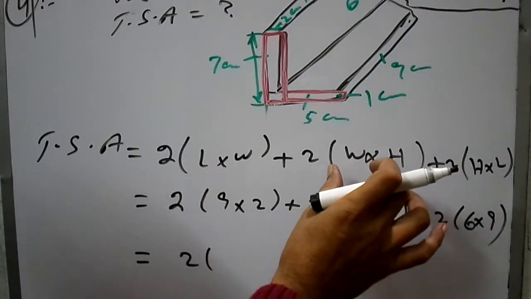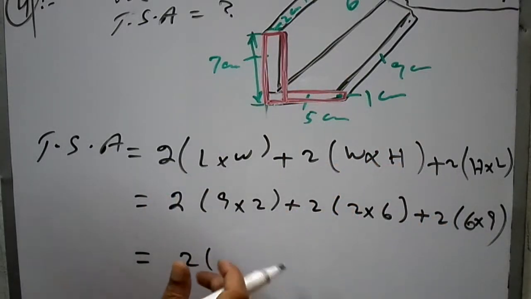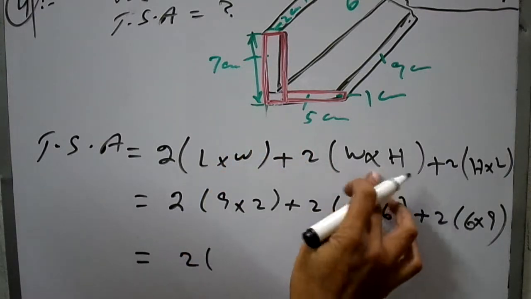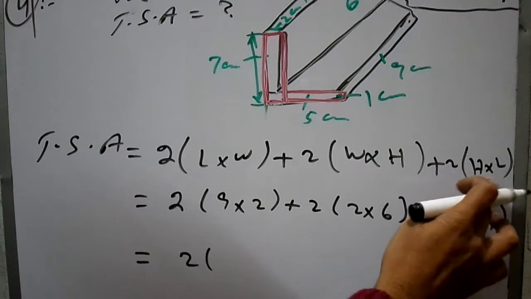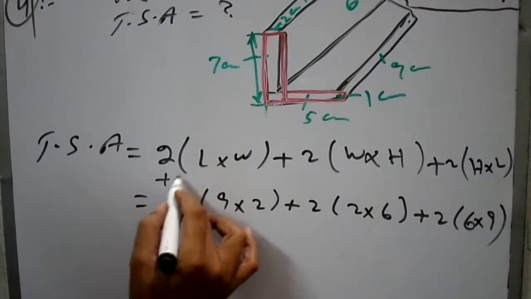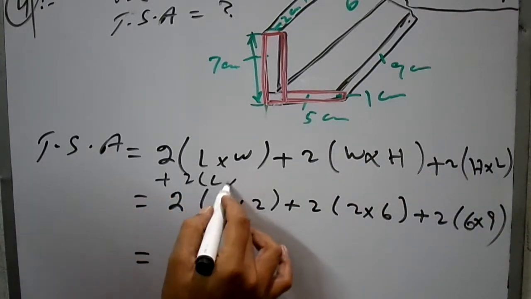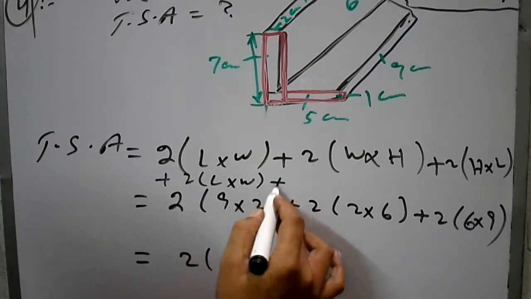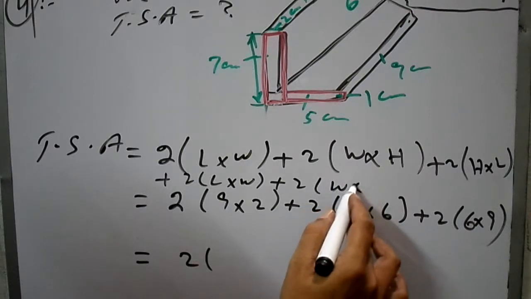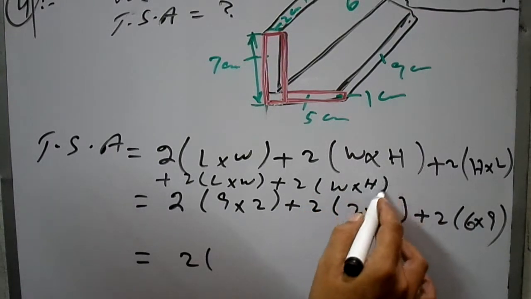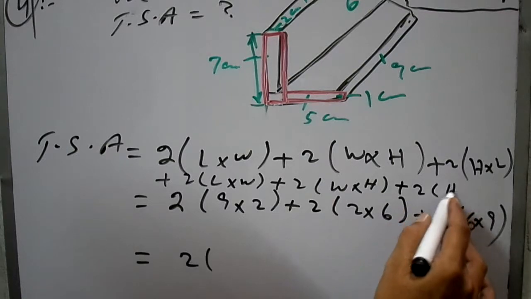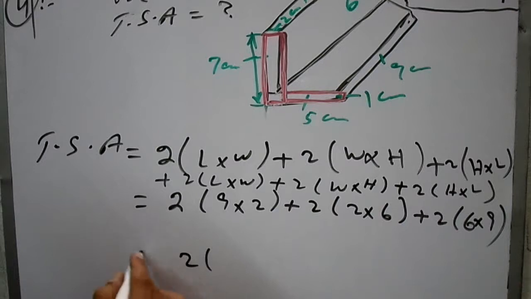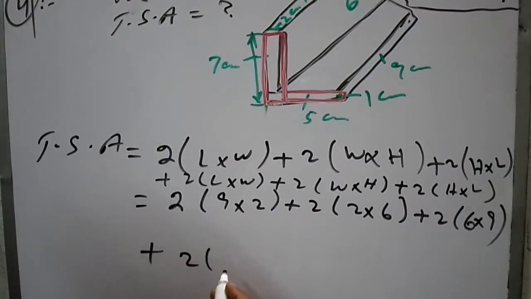For one rectangle I have written here, but for the second I have to write length into width, width into height, and height into length, plus the two similarly length into width, because we have two rectangles. That's why the formula should be written 2 times, by the same formula.